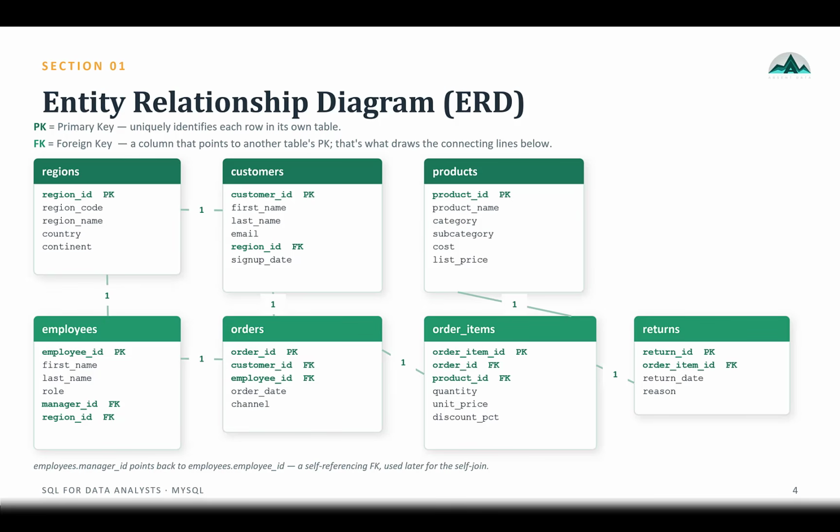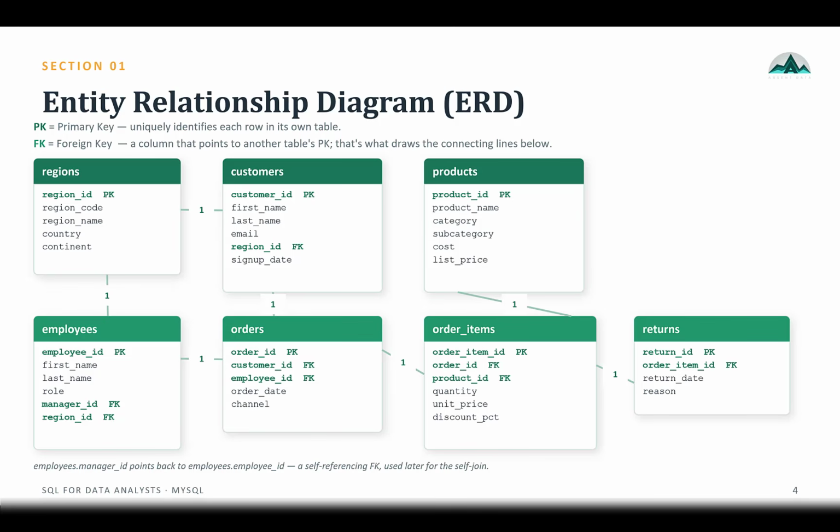You just want to know that a primary key is just like a unique identifier. It's something like the region ID that you would use to connect to another region ID column in another table. So we connect tables with the columns. The primary key is something that's not duplicated, it's unique.